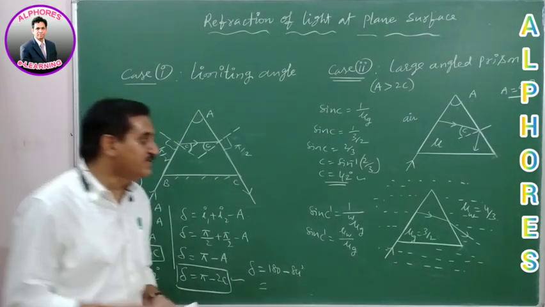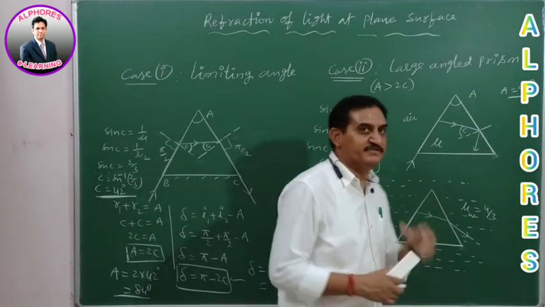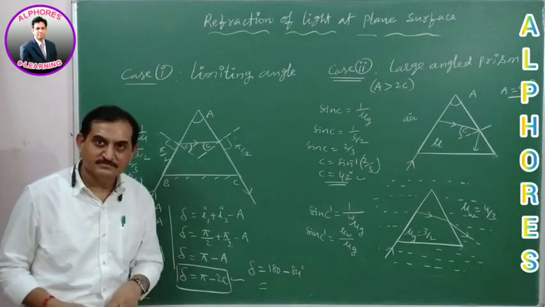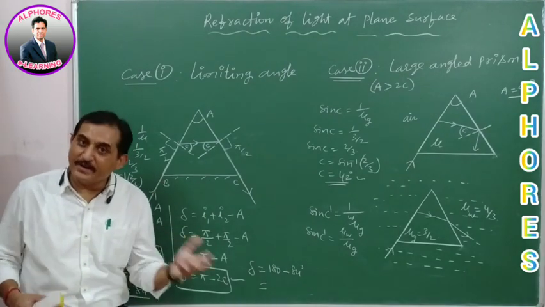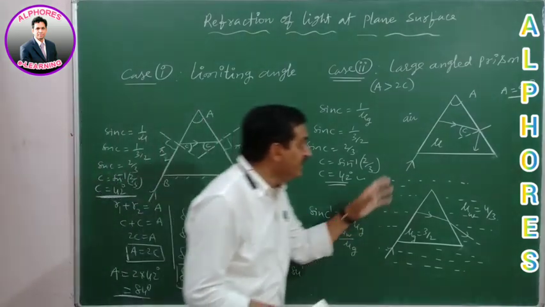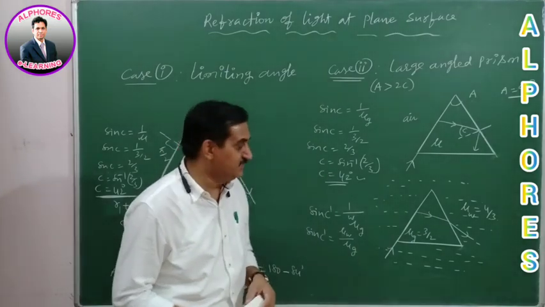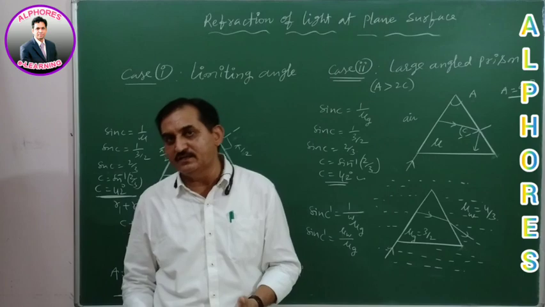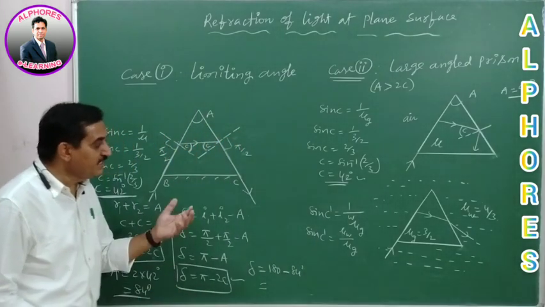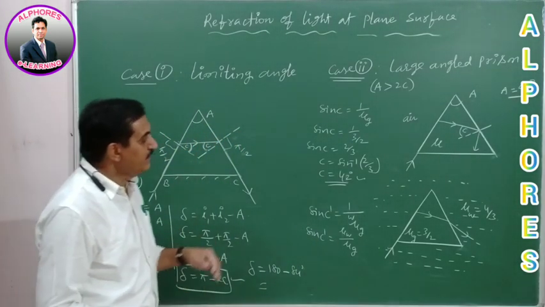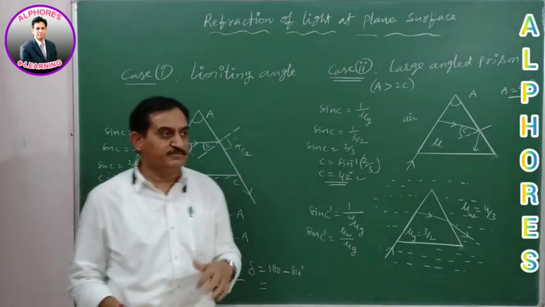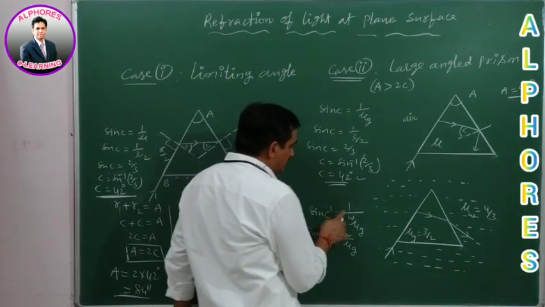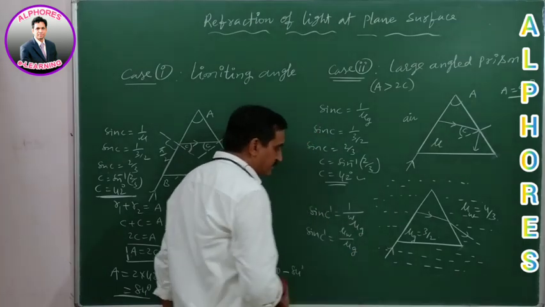Suppose this large angled prism is submerged in a liquid, say for example water. If it is submerged in water, what happens? Instead of TIR taking place at the second refracting surface, refraction takes place, and it acts as an ordinary prism. So what is the reason? Let us find the critical angle when it is submerged in water. So sin C dash equal to 1 by mu of glass with respect to water.